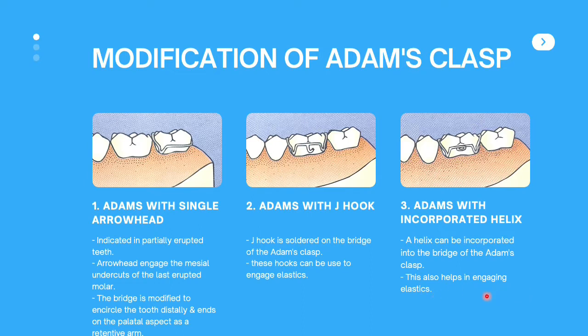So in what cases do we use elastic together with the removable appliances? In the cases where we combine the treatment of fixed appliance on one arch and removable appliance on the other arch, then only we can use the elastic, in certain cases only.